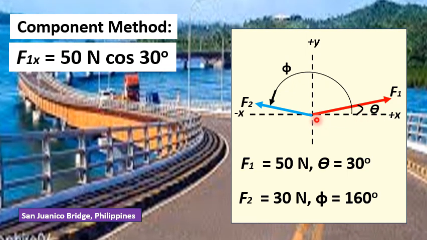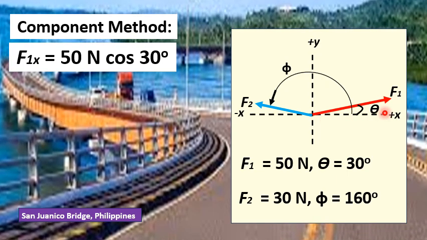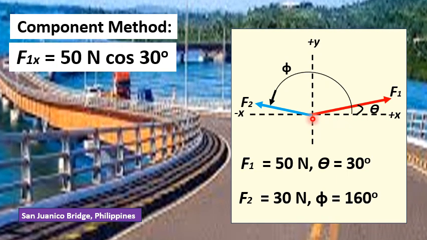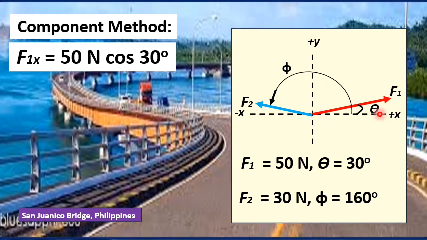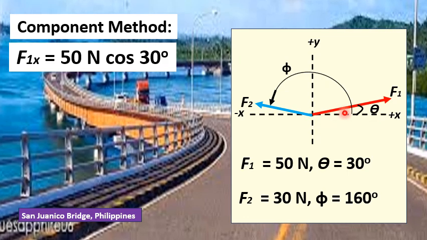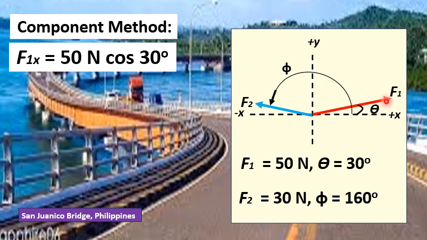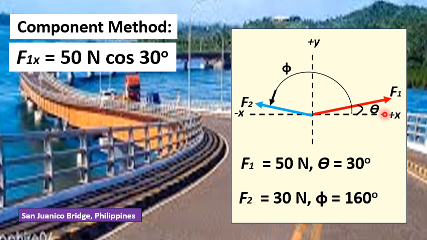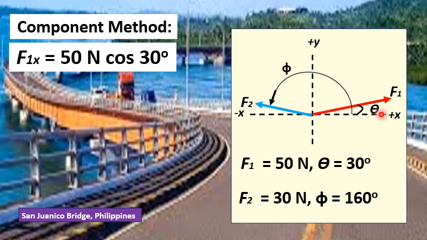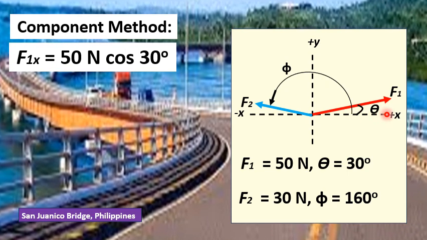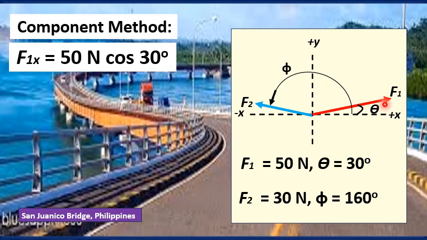So the adjacent side of the right triangle that you can form, a right triangle with F1 as the hypotenuse, and the x component of F1 is described as the adjacent side of the right triangle. All right.